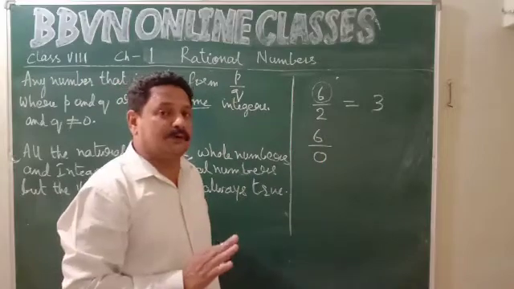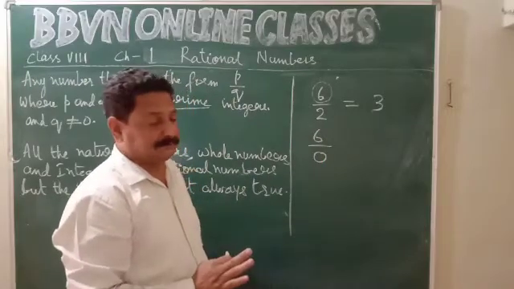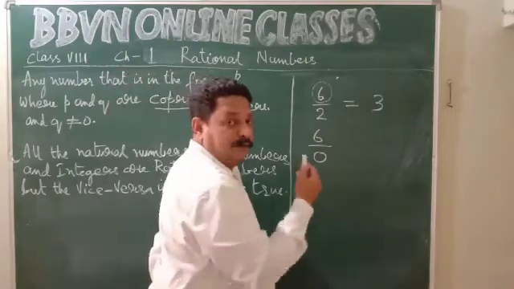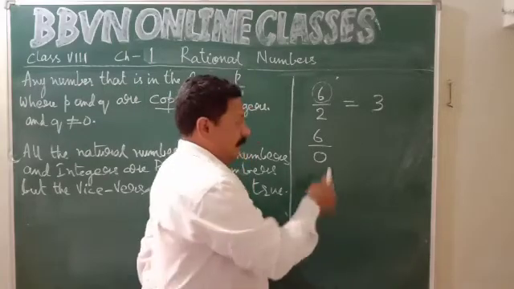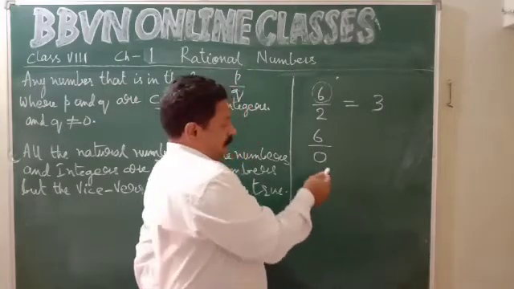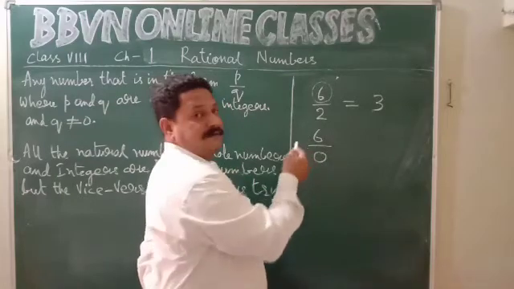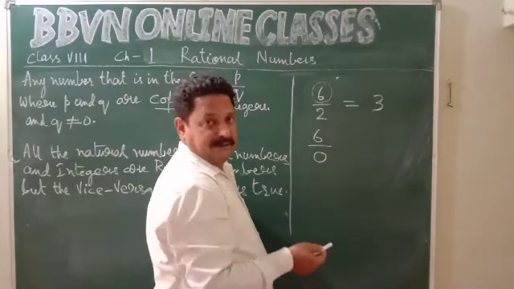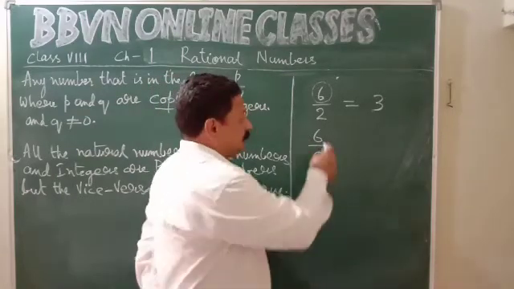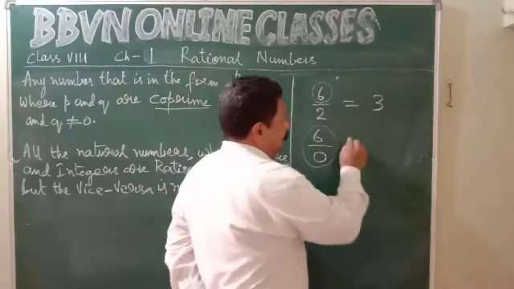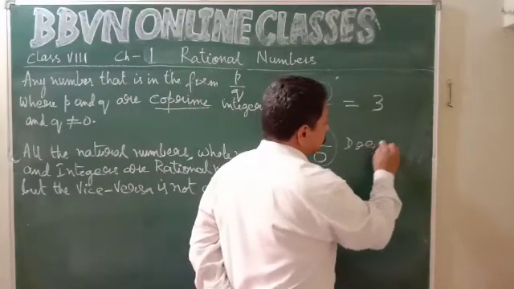We do not know such a number yet. I don't know any number which when multiplied by 0 can produce the product 6. Right? So 6 upon 0 does not exist.